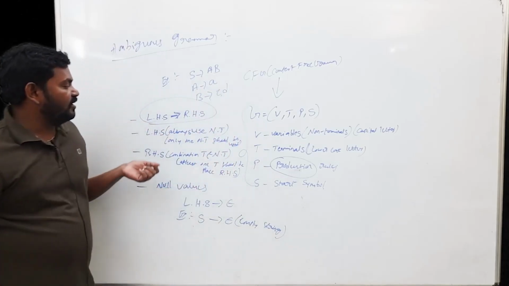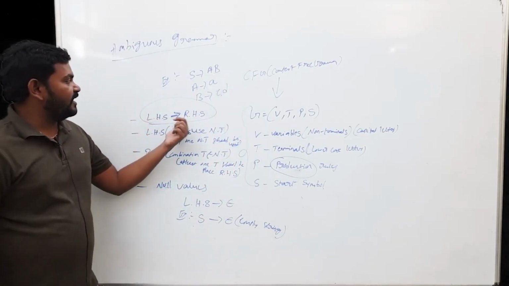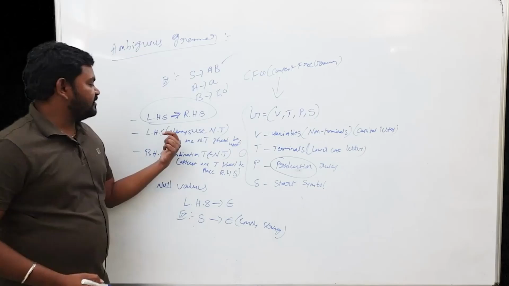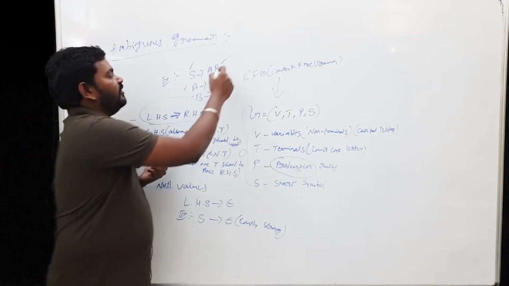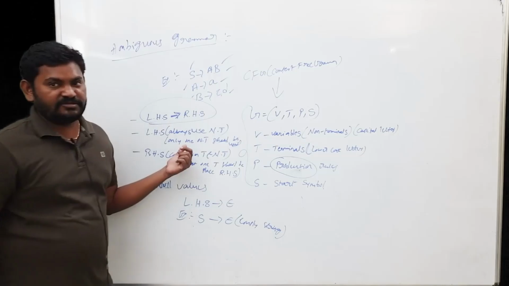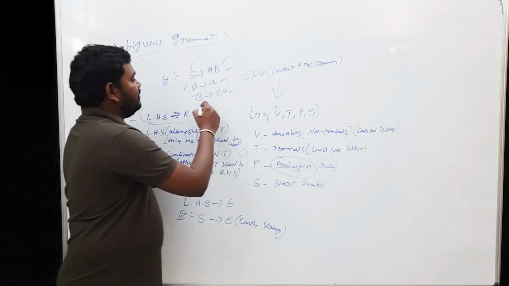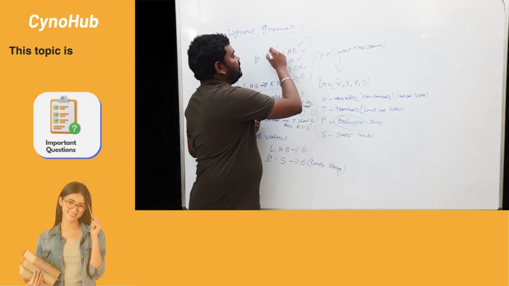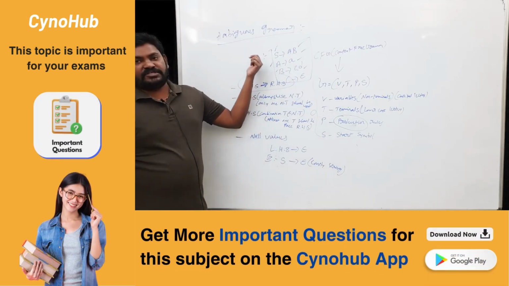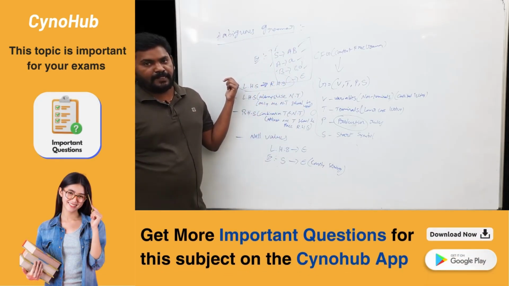Production should be like this: LHS always non-terminals only, the right hand side a combination of any terminals and non-terminals, and then we can use epsilon, which is the null value. This is an example of productions for the given statement.